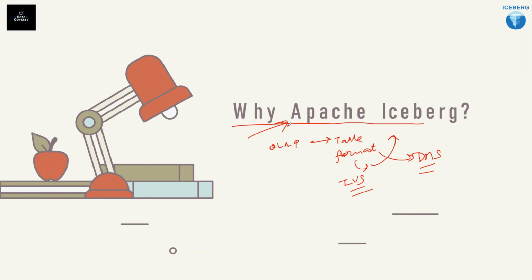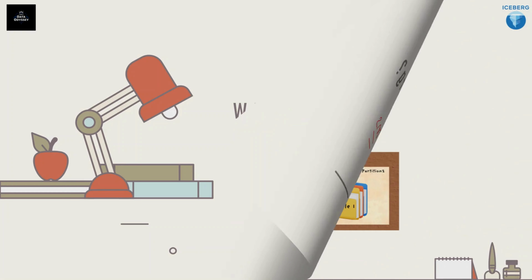If Hive worked, why change things? Well, it turns out that Hive had quite a few problems that made working with data harder than it needed to be. So stick around and I will break down why Apache Iceberg when Hive was already there into very simple terms with real world examples.